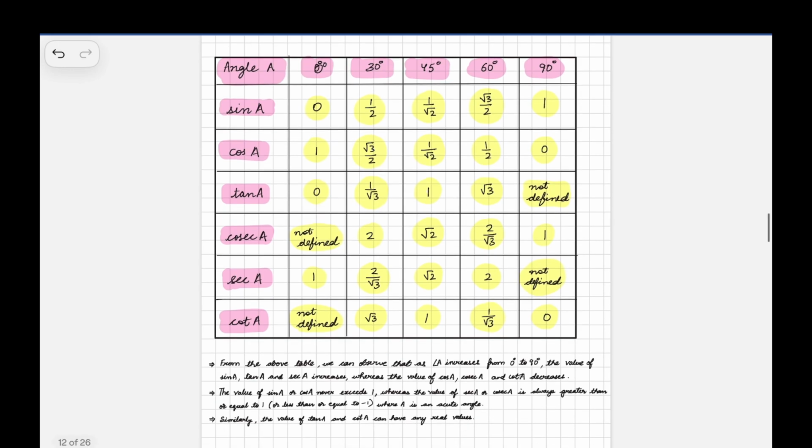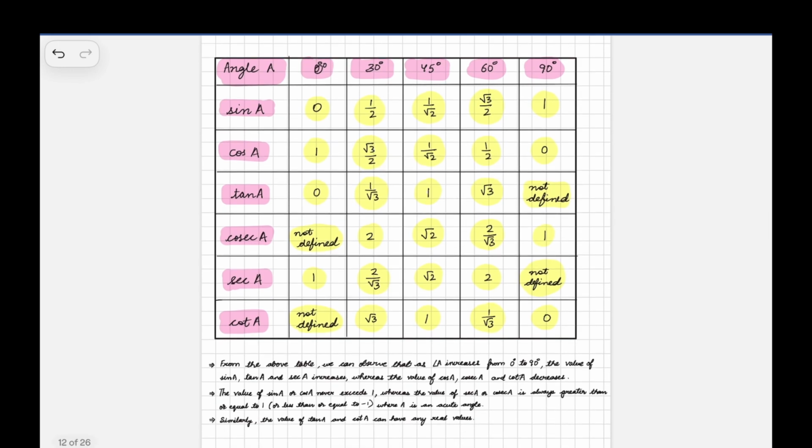Now from this table, we can observe that as angle A increases from 0 to 90 degrees, the value of sin A, tan A and secant A, they all increase, whereas the value of cos A, cosecant A and cot A decrease.